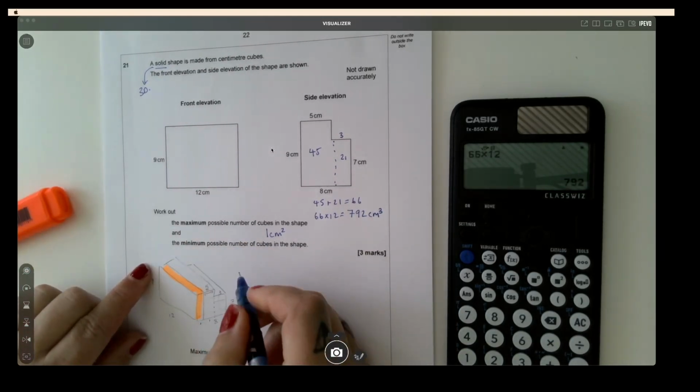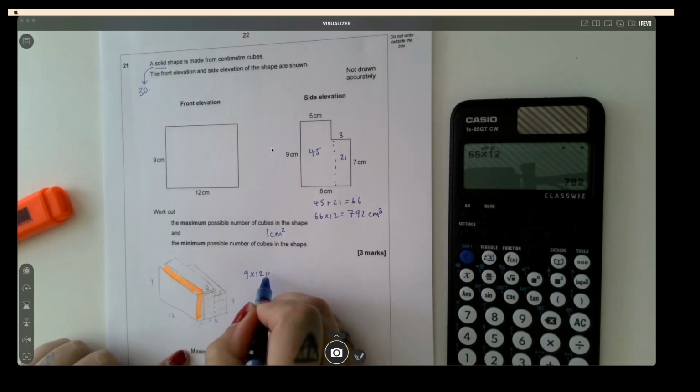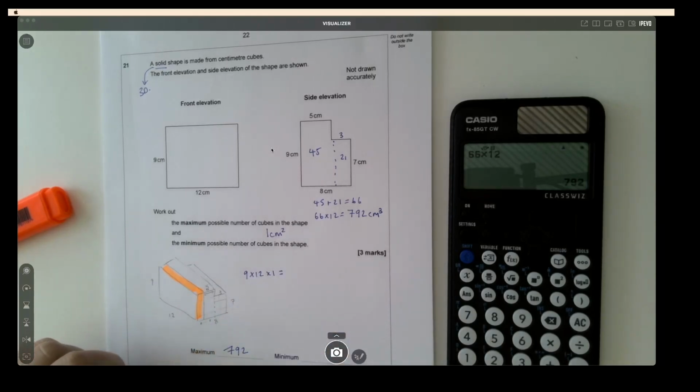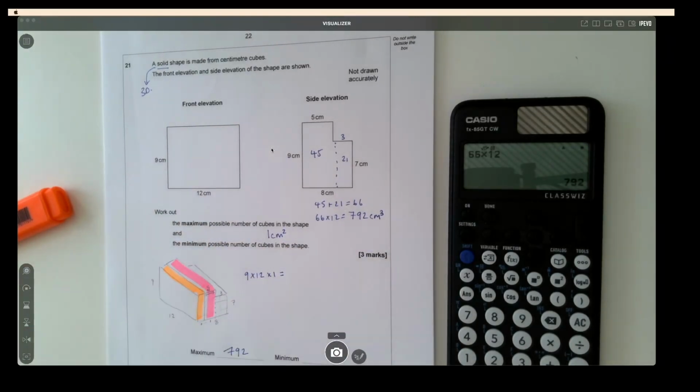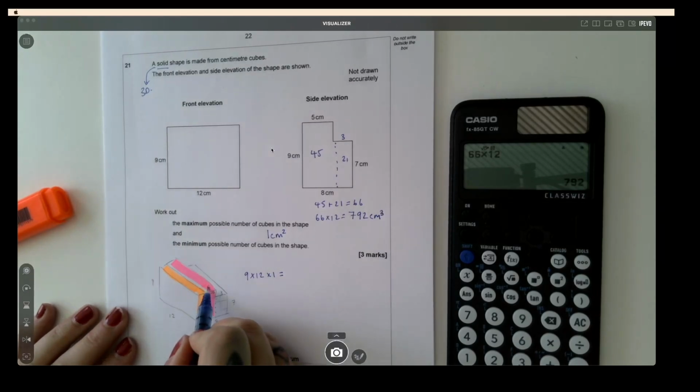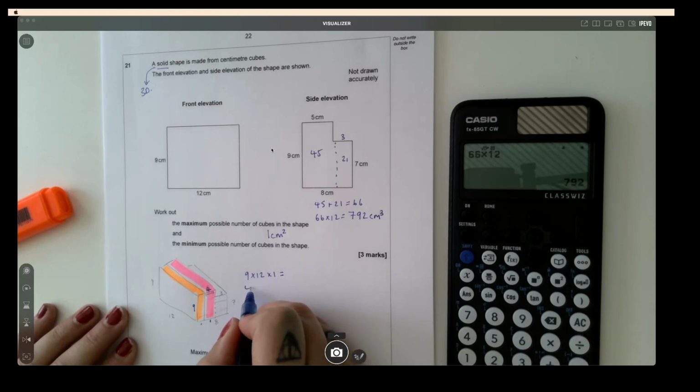So that is 9 times 12 times 1. And then we're going to deal with this section of the shape here, which, if you remember, that is now 4 because we've used 1 here. That is 1, and so it's 4 by 9 by 1.